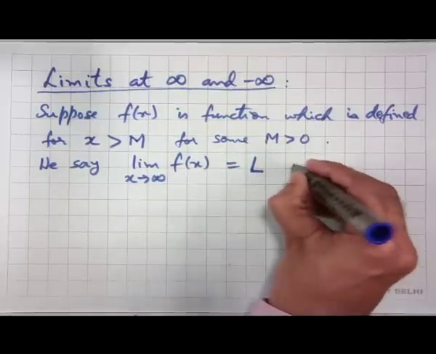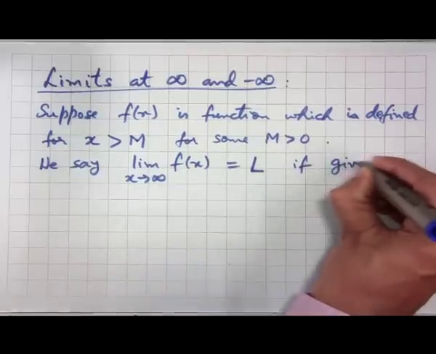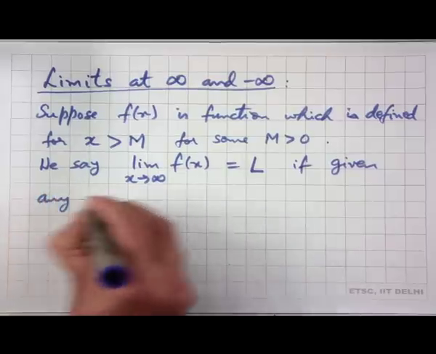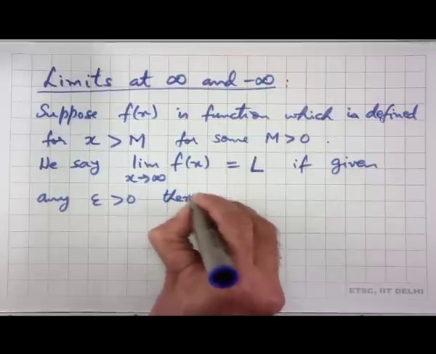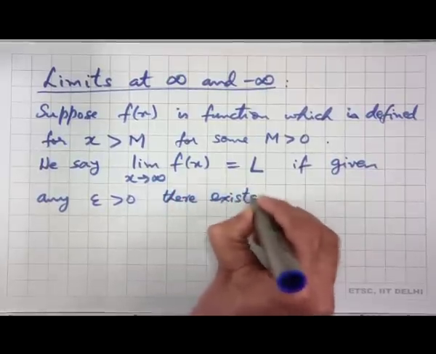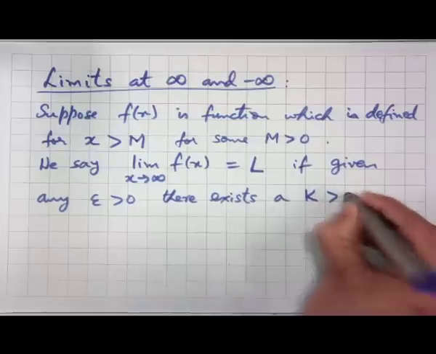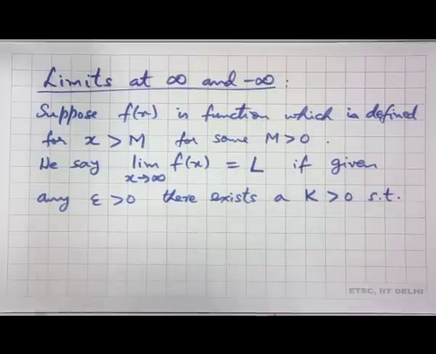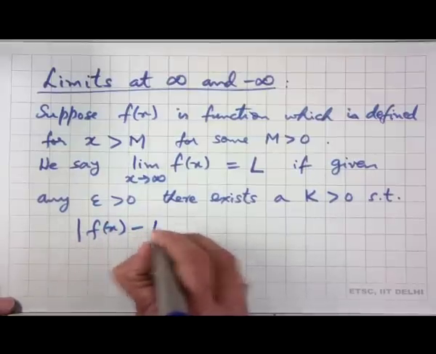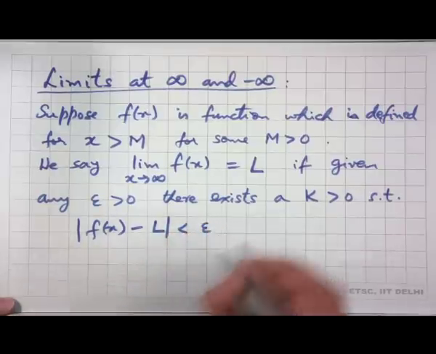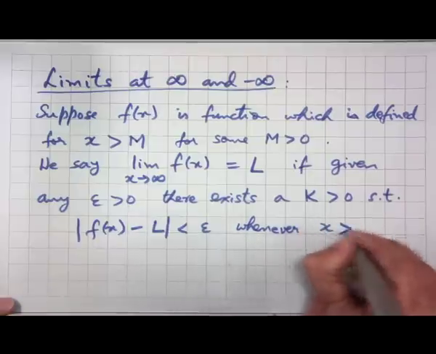if, given any epsilon positive, there exists a positive constant k such that mod of f x minus L is less than epsilon whenever x is bigger than k.